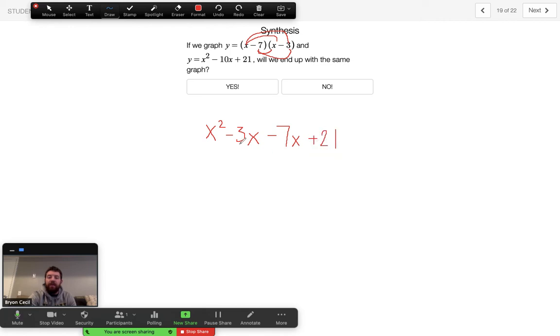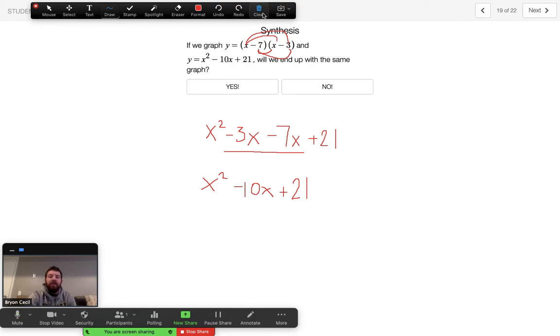From here, I have to combine my like terms, which is in the middle. So I do get x squared minus 10x plus 21.